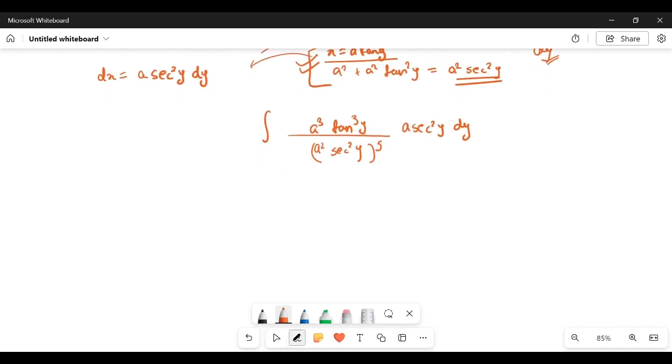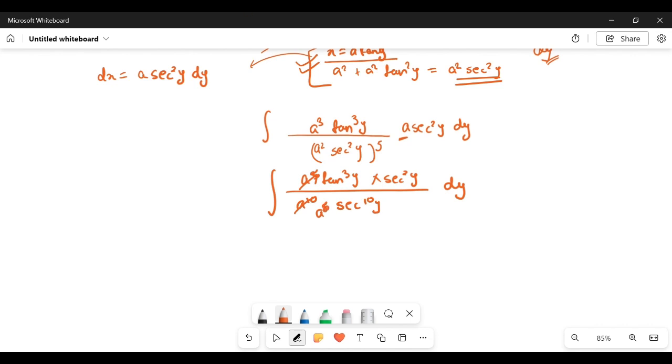Okay, so now let's see. This is a cube tan cube y, so this would be a to the power 4 because of this a, into sec square y divided by a to the power 10 sec to the power 10 y, and here it is dy. So this is 6, sorry, this is a to the power 6.